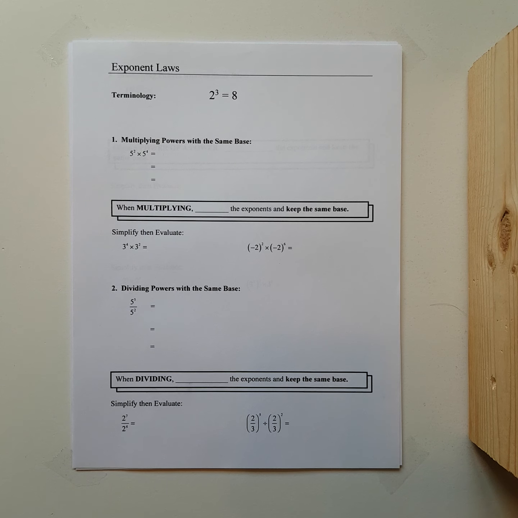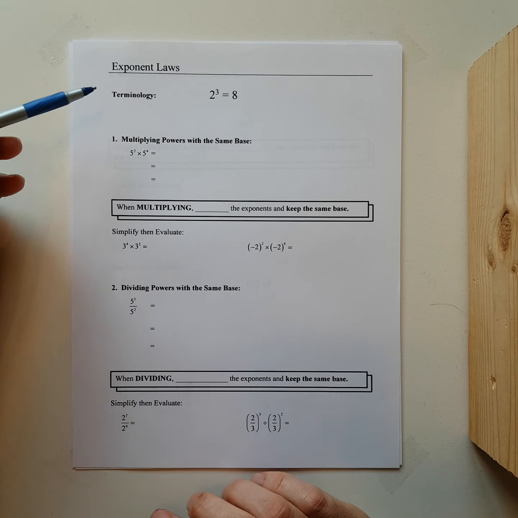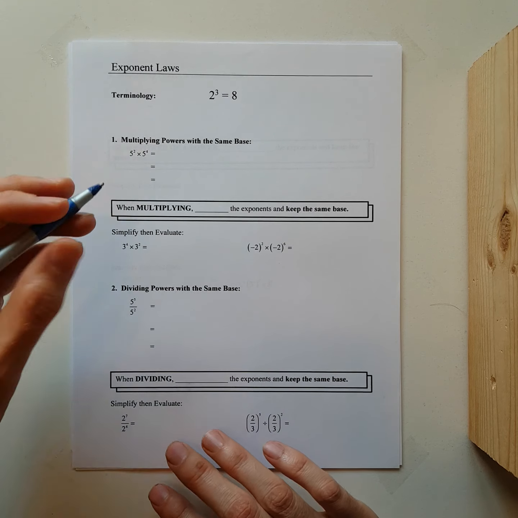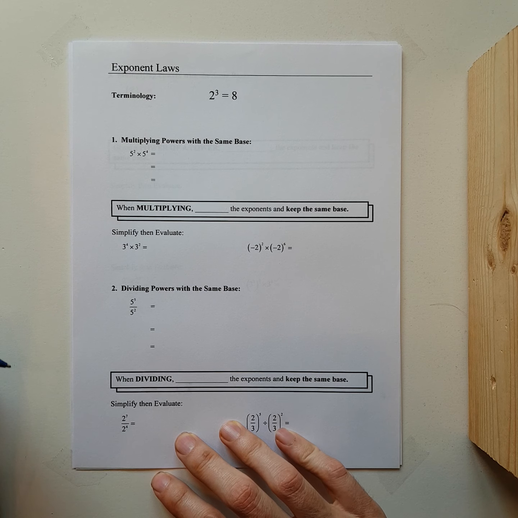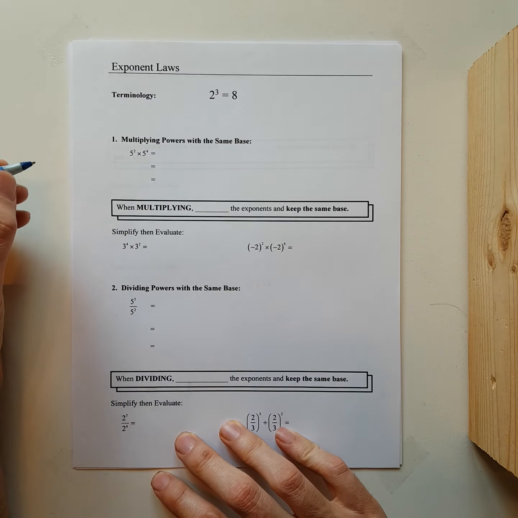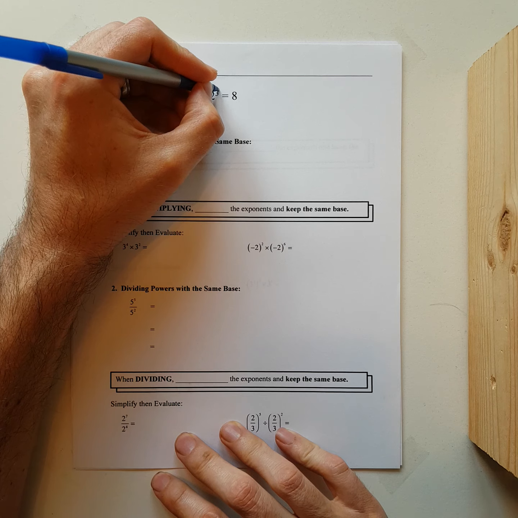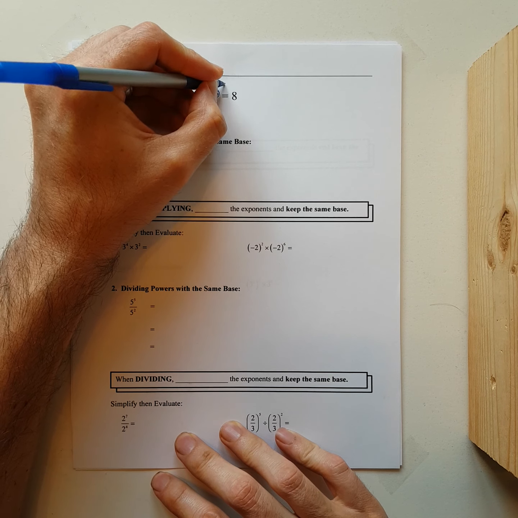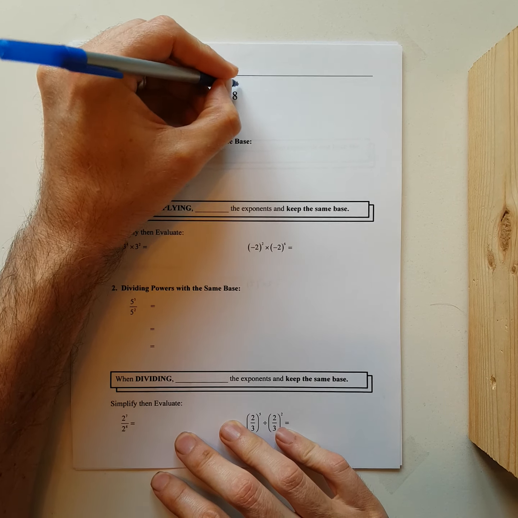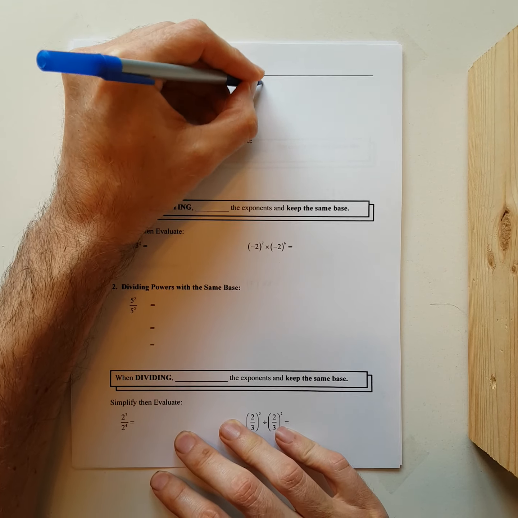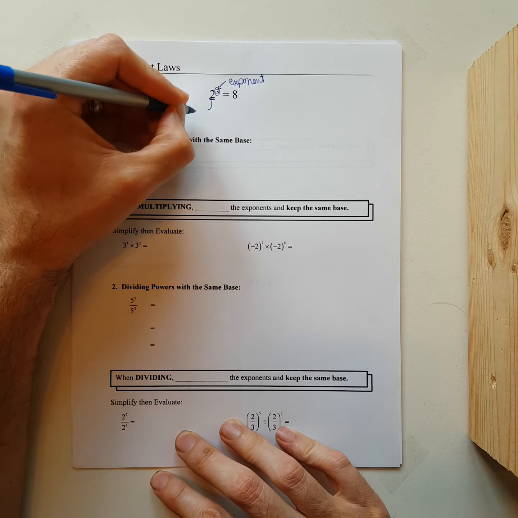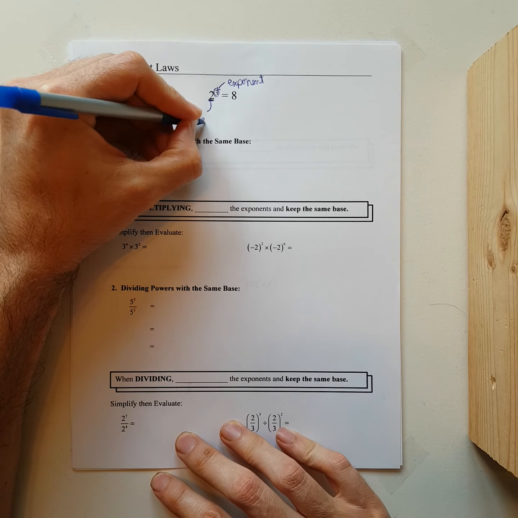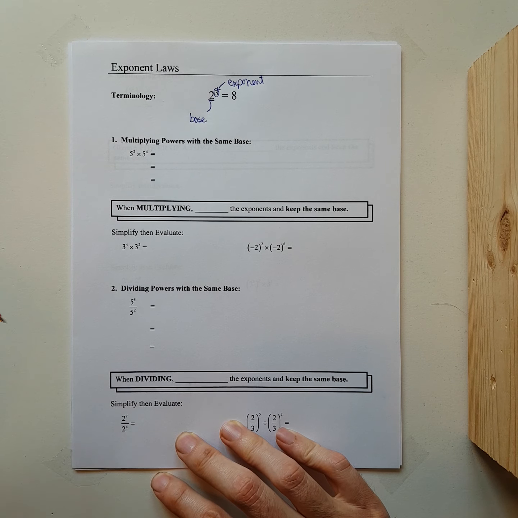Before we do that, we just have to make sure you're a little bit clear on some terminology. So I've written out here a power and what it is equal to. What I want to highlight here is just a reminder that that 3 is actually called the exponent, that this 2 is called the base, and I'm going to use a different color here.